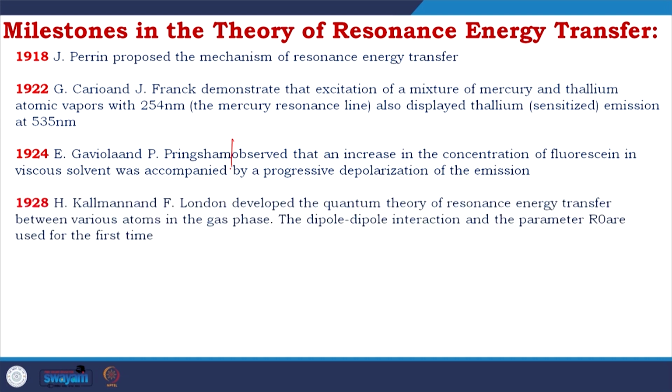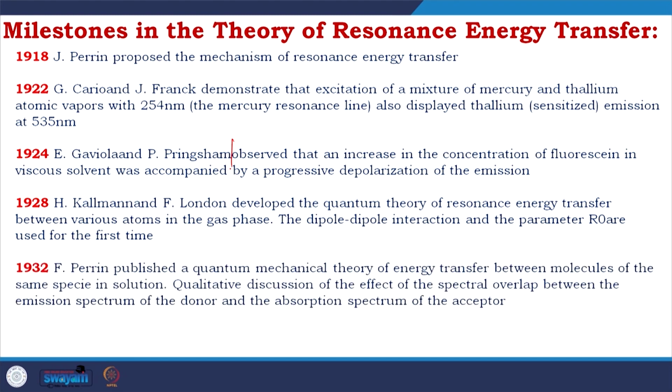In 1928, H. Kallmann and F. London developed the quantum theory of resonance energy transfer between various atoms in the gas phase. The dipole-dipole interaction and the parameter R0 were used for the first time.